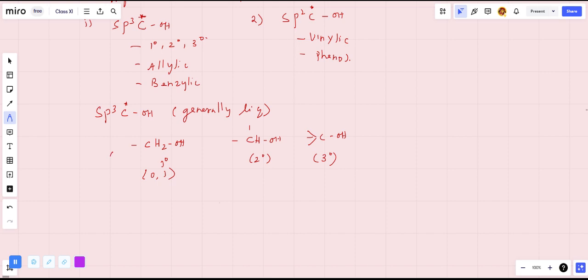This is the first classification. The second classification is allylic. What do you mean by allylic? The star carbon is nothing but the carbon to which the functional group is attached. In allylic, the star carbon is attached to a carbon which has a double bond.